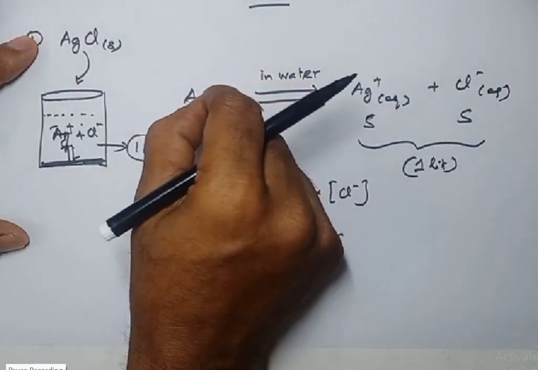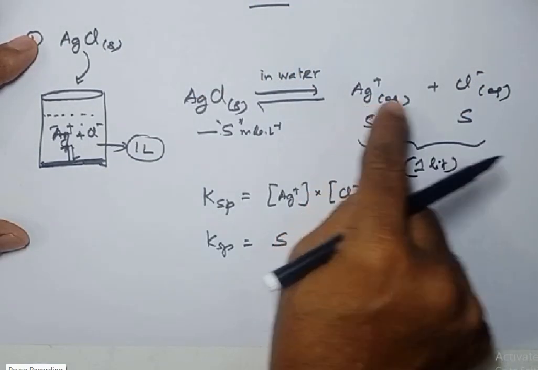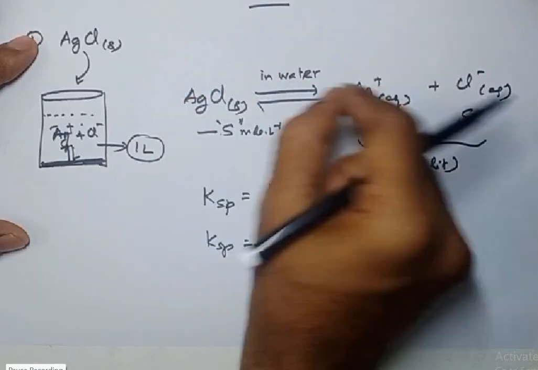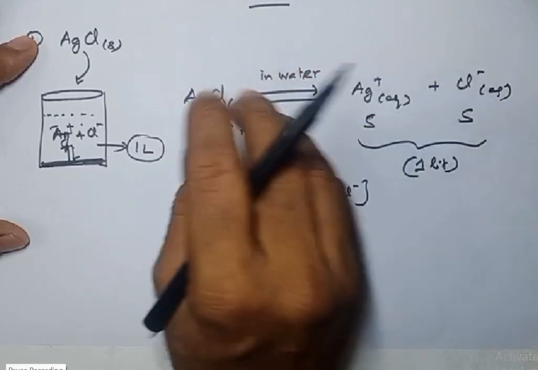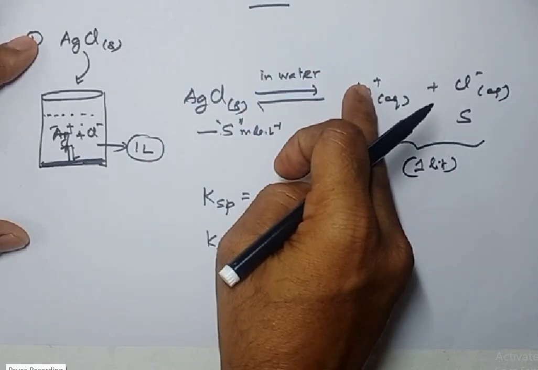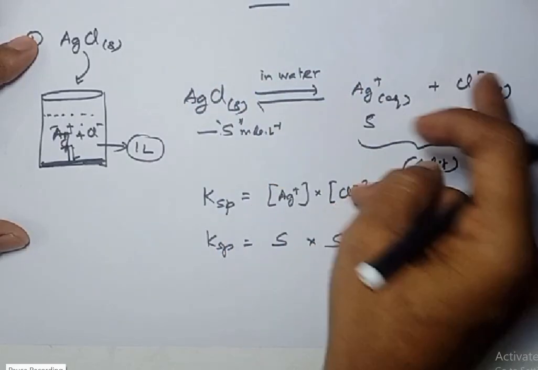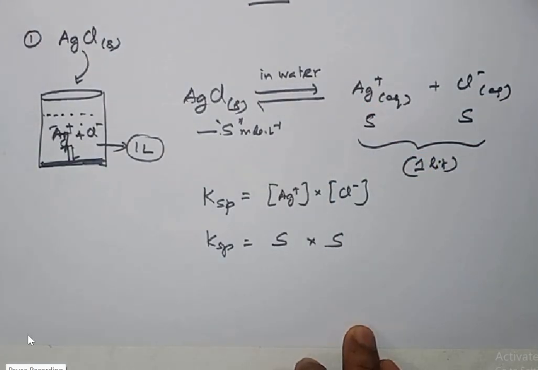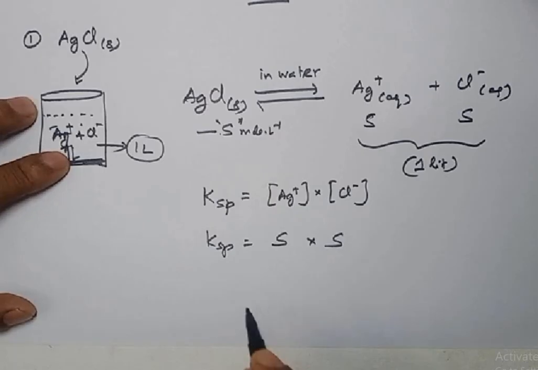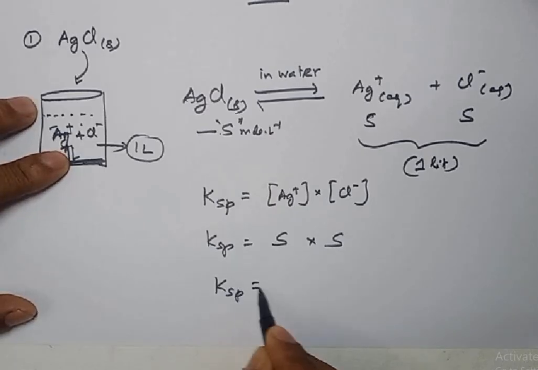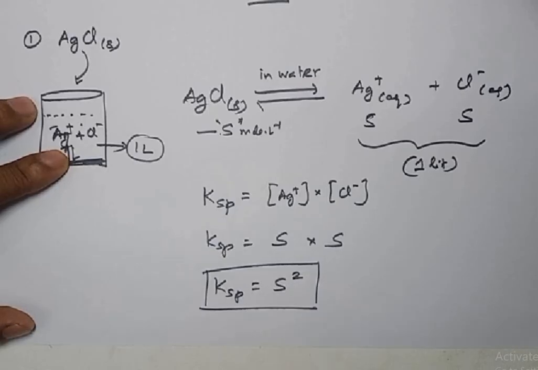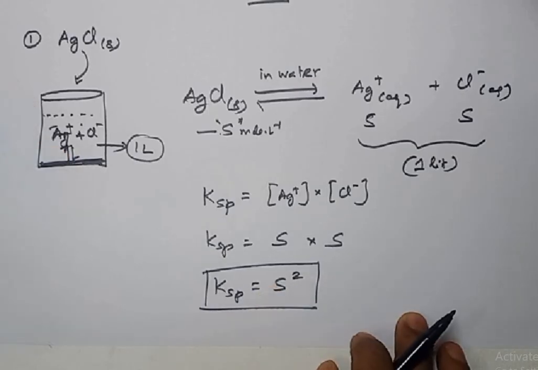If one molecule dissociates, I get 1 silver ion and 1 chloride ion. If S mole per liter dissolves in water, I will get S mole of silver ion and S mole of chloride ion in 1 liter of solution. Therefore, for silver chloride, Ksp is equal to S square. Keep this in mind.